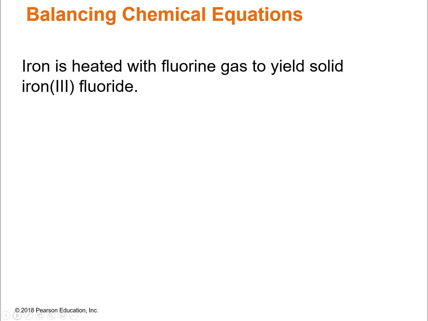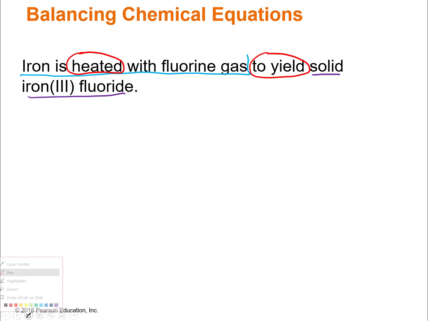First thing we have to do is write this equation from the description. I'm going to use the same color scheme so we can identify our reactants and our products and all that good stuff.